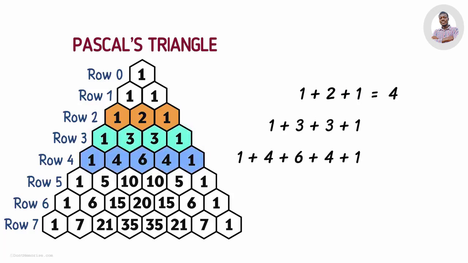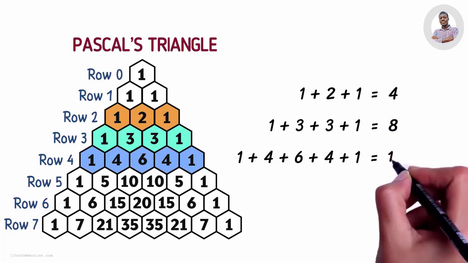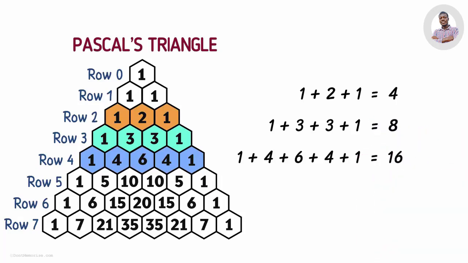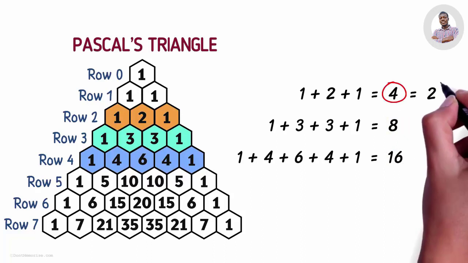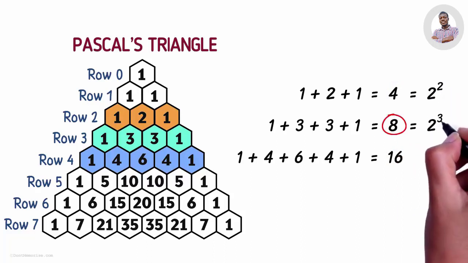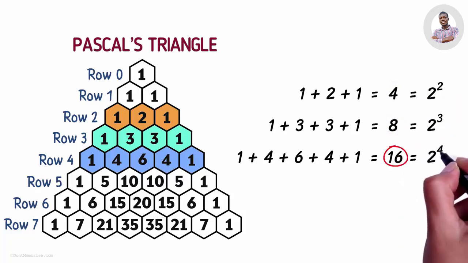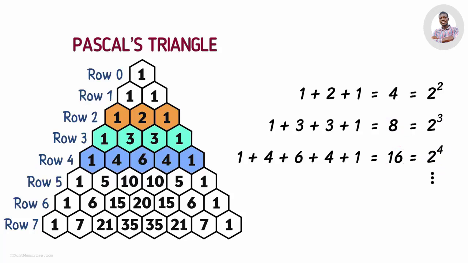Now, can you try adding the numbers in the third and the fourth row? The result is 8 and 16. We can see a pattern in these numbers: 4, 8, and 16. 4 can be written as 2 square, 8 as 2 cube, 16 as 2 exponent 4, and so on.